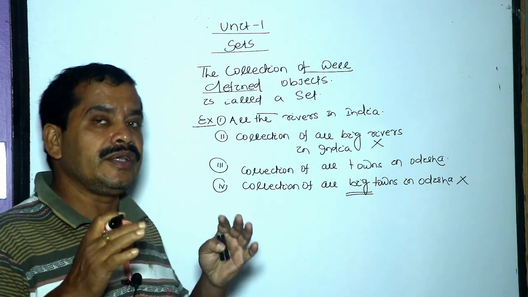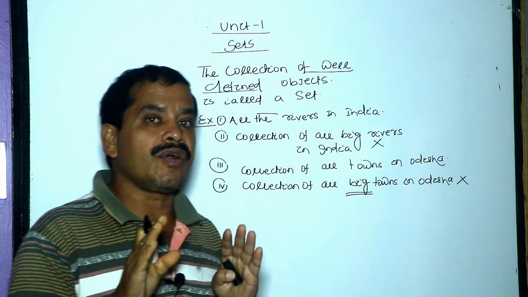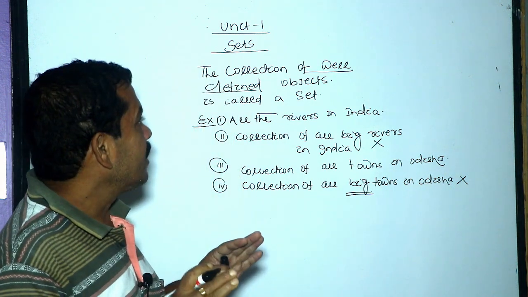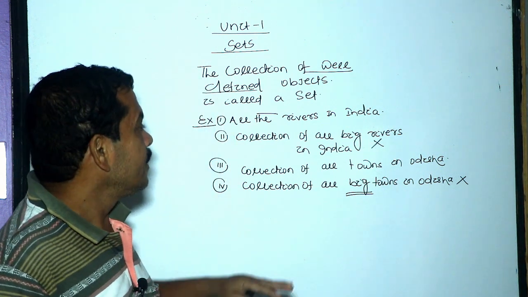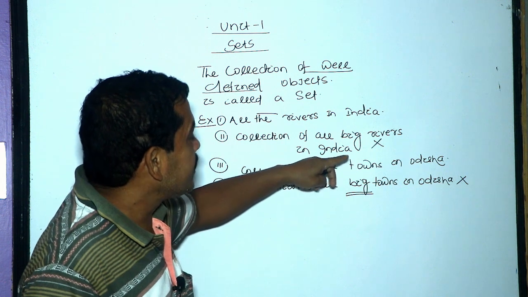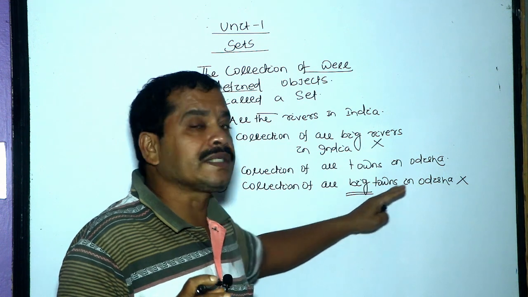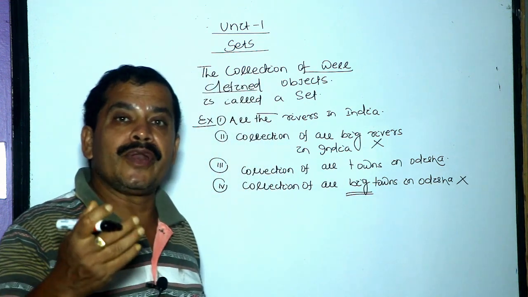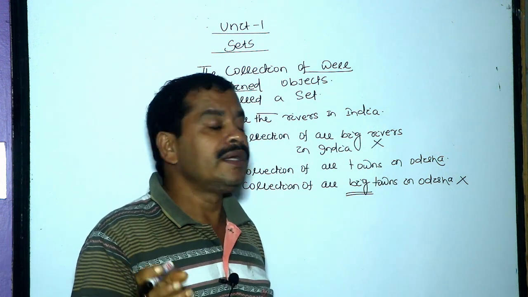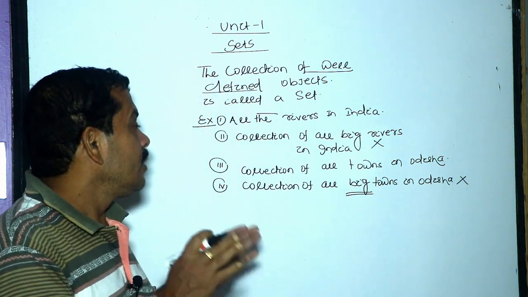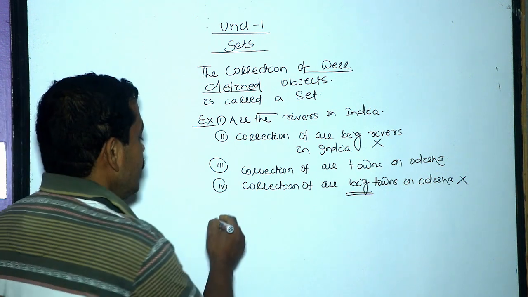If I take the collection of all big towns in Odisha whose population is more than 20 lakhs, it is a set, because why it is big is well defined. So the adjective must be well defined, then it will be a set.